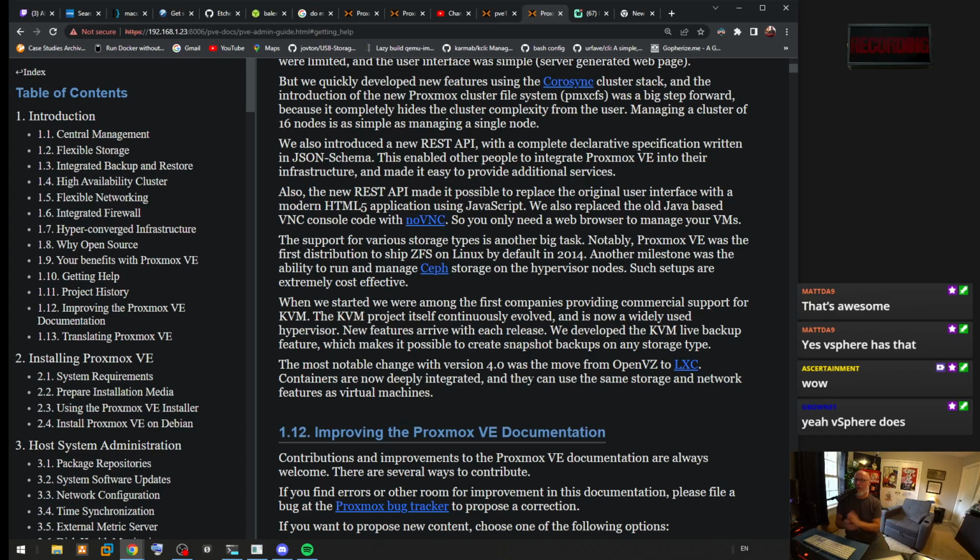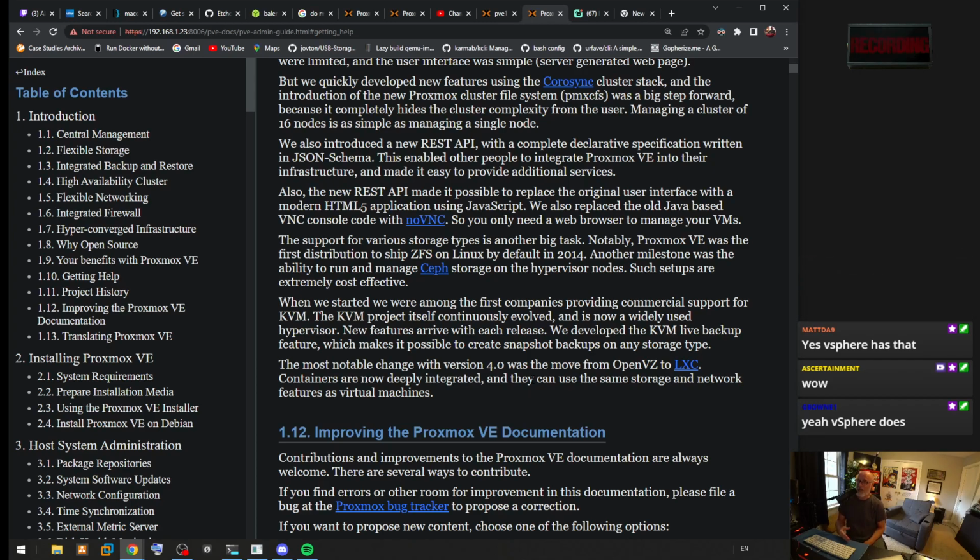So a couple of things to note here after reading the history. Number one, Proxmox is a German company that has been around for a while, that's kicking butt, making answers to problems and fixing things. It's got much less technical depth than vSphere. VMware, on the other hand, was recently purchased by Broadcom, and they have a great product, but the main thing I've learned here is that Proxmox is a company.